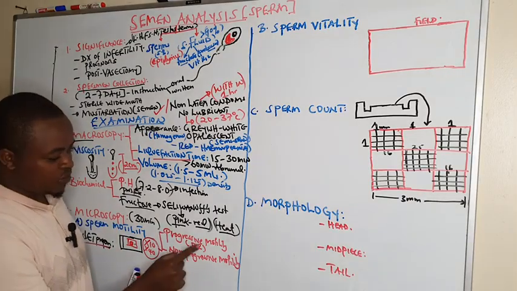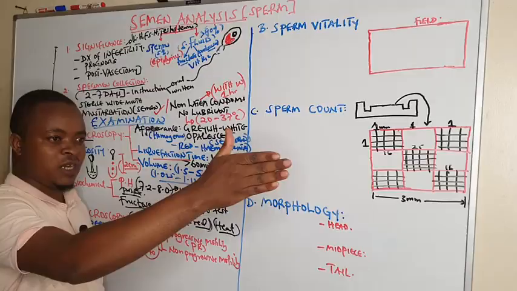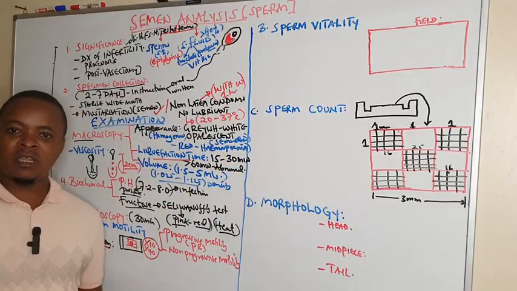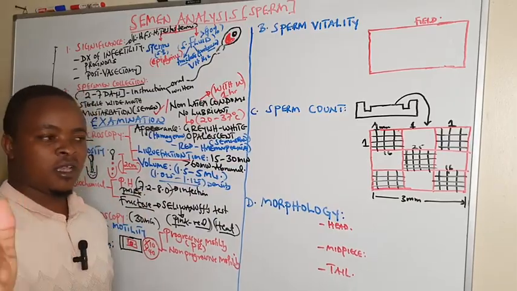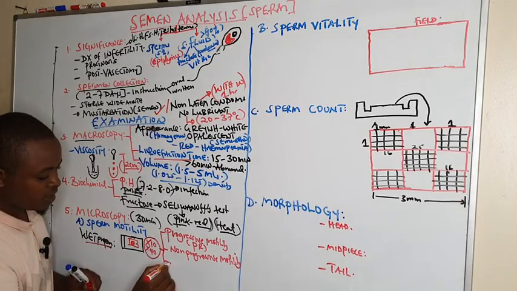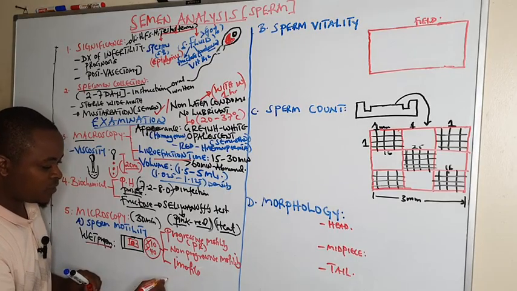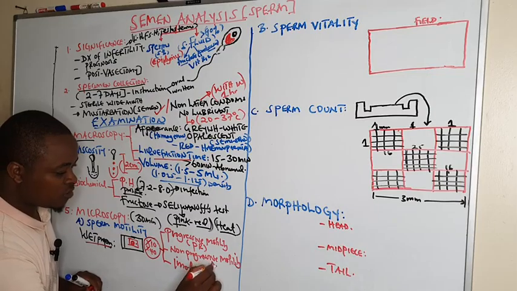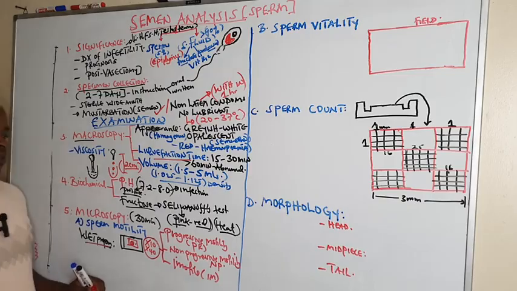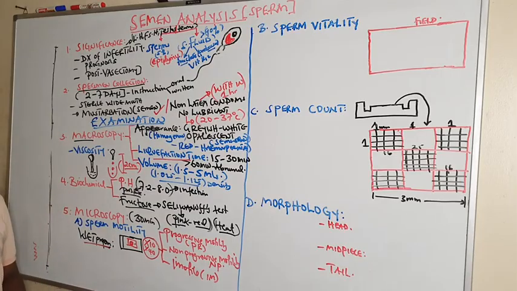Whereas those which are progressive are moving from one place to another, either forward in a straight direction, or moving around, but so long as they are making progress in their movement. Then there is also another category for those which are immotile, abbreviated as IM, and this one NP. So these are the ways we can report motility under semen analysis.